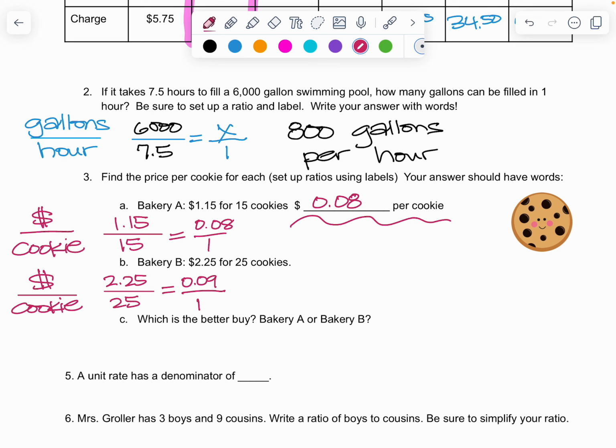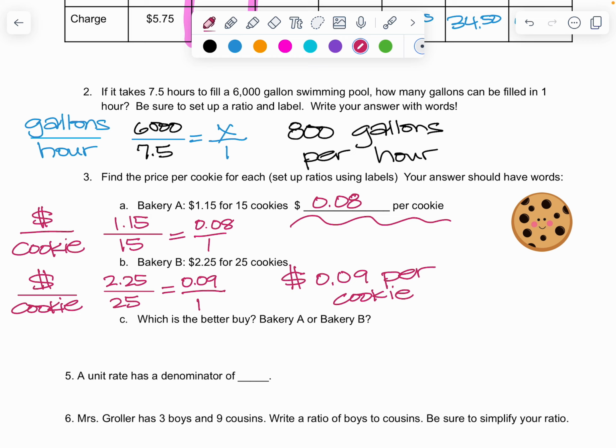That's not the answer I want because this has words in it. So I'd like you to put $0.09 per cookie. It's 9 cents per cookie. See how we're labeling things? We're amazing.